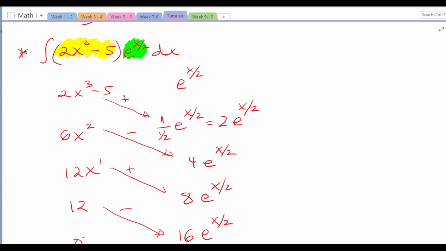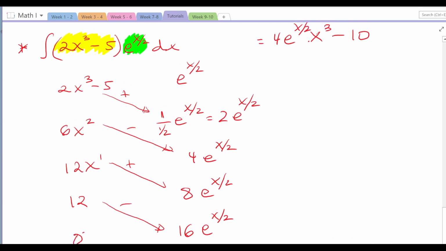So the result of this crossing will become 4e to the power of half x times x cubed minus 10, and then it's going to be very long actually.